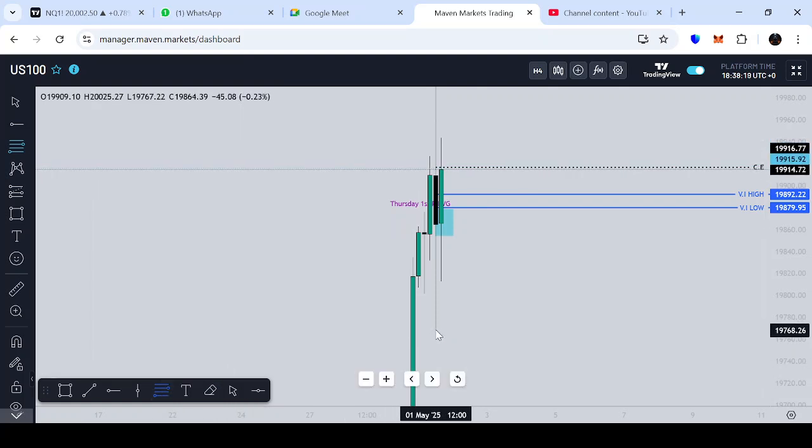You anchor from the low of the wick to where the candle body closes. This is a bearish candle, open then close. So you anchor from this wick low to the body close to get a 50% level.